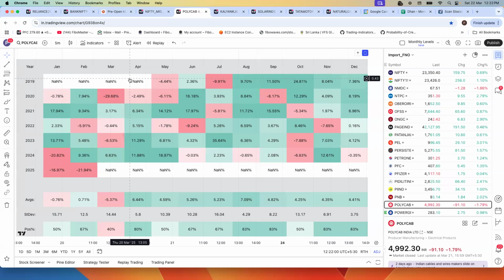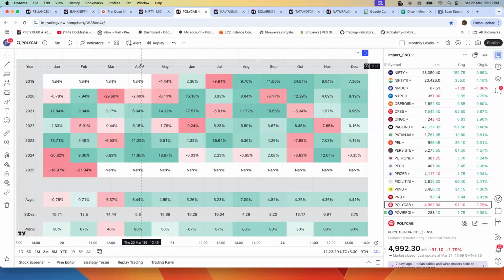So the first stock in my kitty will be Polycab. Maybe because of the result, I don't know. But most of the time, April is possible. April and August too, very good. I like April right now. So next month is April. Really, the first bucket in my list will be Polycab.